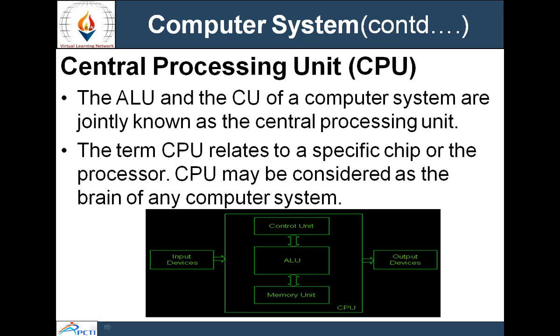It is just like a brain that takes all major decisions, makes all sorts of calculations, and directs different parts of the computer functions by activating and controlling the operation. The fundamental operation of most CPUs is to execute a series of instructions called a program.